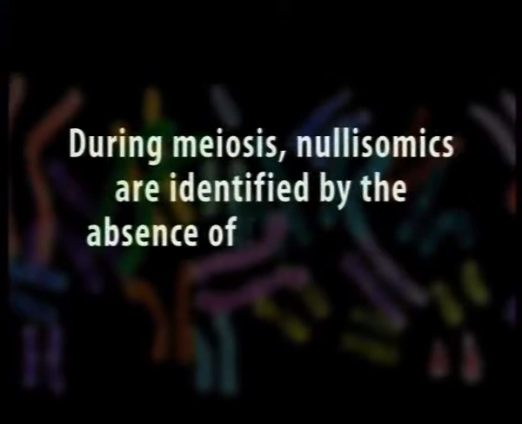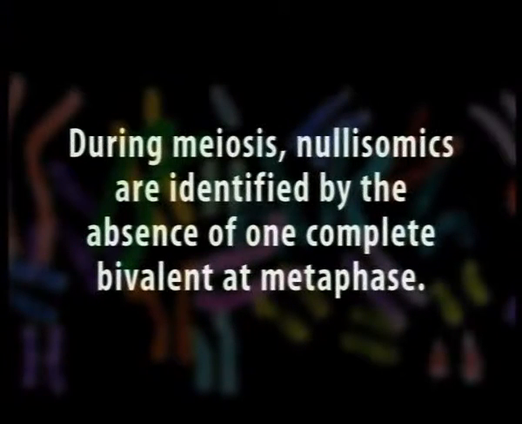During meiosis, the nullisomic condition is identified by the absence of a bivalent at metaphase stage, and the gametes produced by such an individual are all n minus 1 types, and fertilization between such gametes will restore the nullisomic condition.